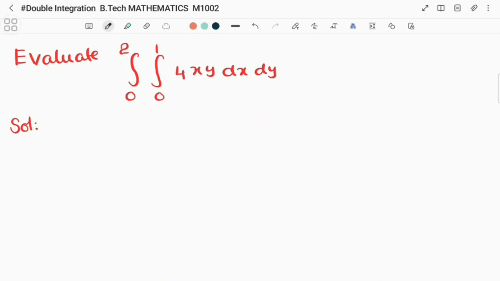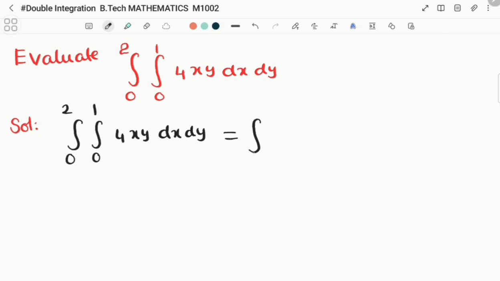Observe, dear students, here. Among x and y, with respect to which variable you are going to integrate, that you can keep first. So the given integral is integral 0 to 2, integral 0 to 1, 4xy dx dy.